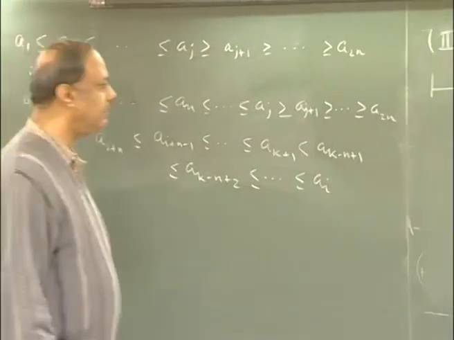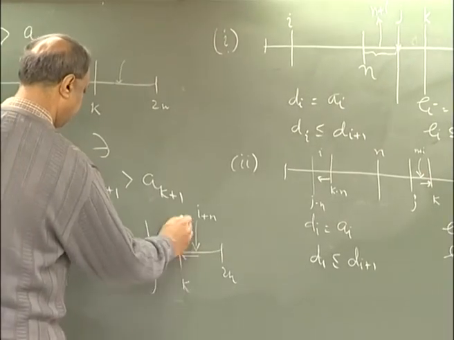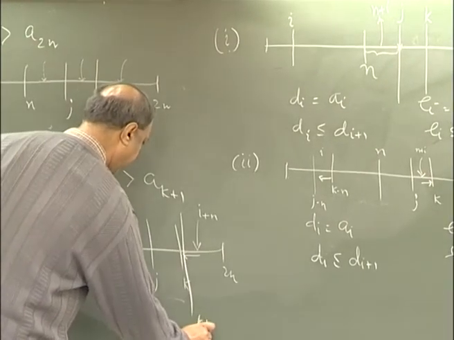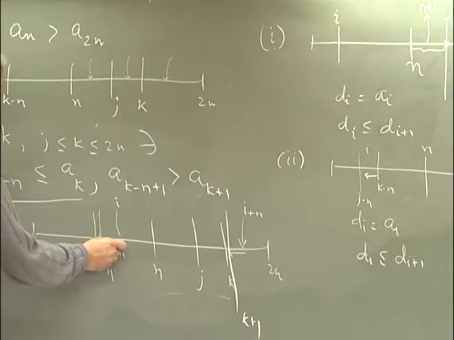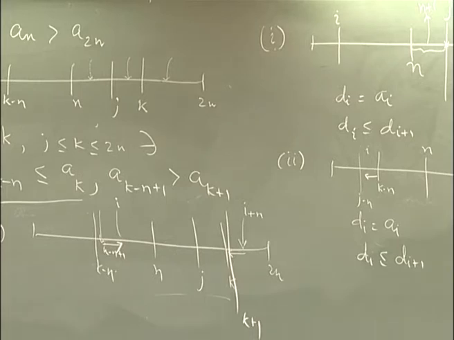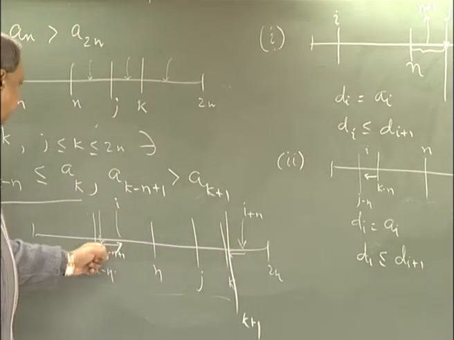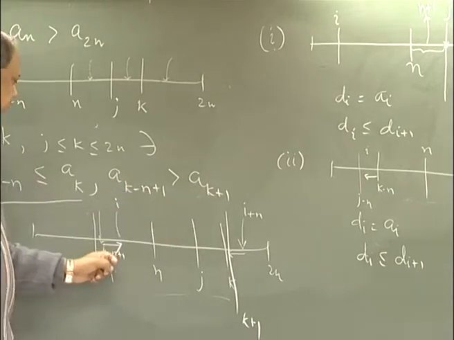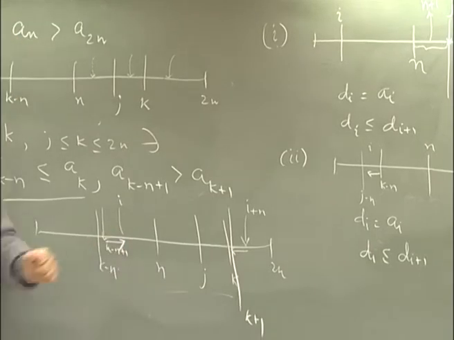Agreed? Basically what I am doing, I am moving from this side to this side. Here it is K plus 1 and then moving from this to this. From this side to this K plus 1, and I know the relationship between K plus 1 and K minus N plus 1. I am moving from this to this.